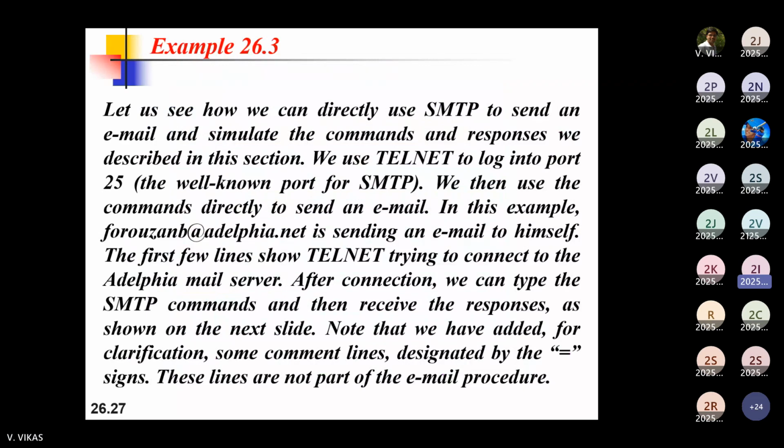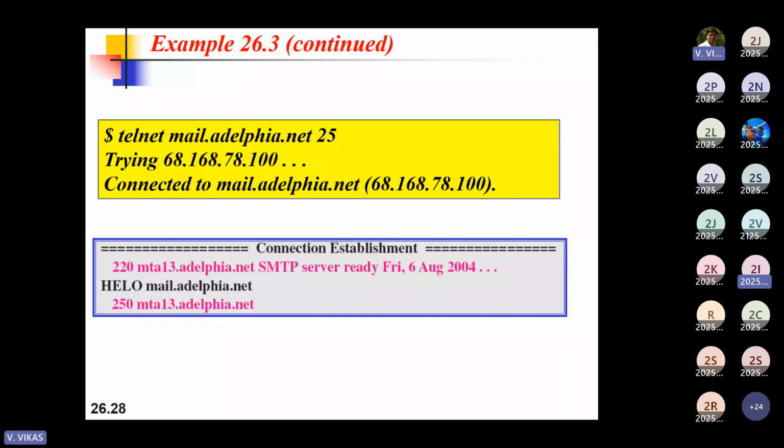Okay. Then this is an example which shows how we communicate in email. You can see telnet mail.adelphia.net, and it is also giving port number 25. Basically telnet means terminal network, which is trying to access mail.adelphia.net.